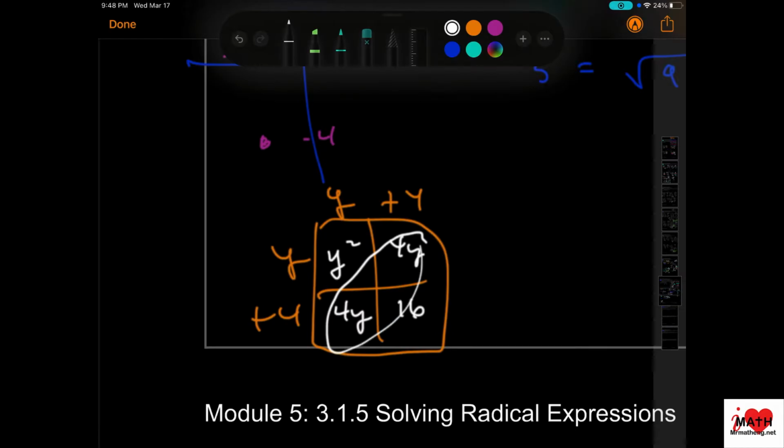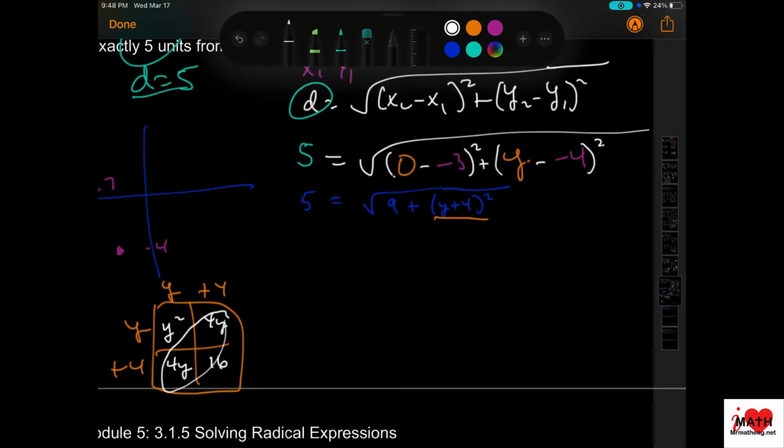Combine those two, and you will get y squared plus 8y plus 16. And then we have this 5, and we have that 9. So I'm going to add these two. I'll get 25.